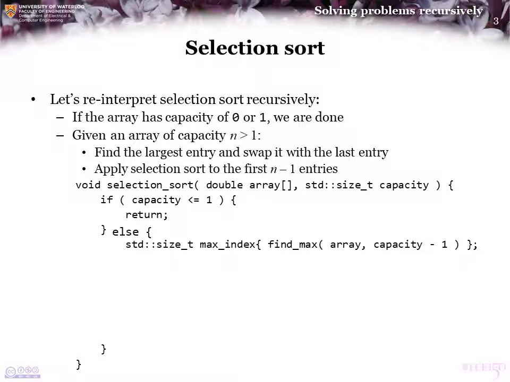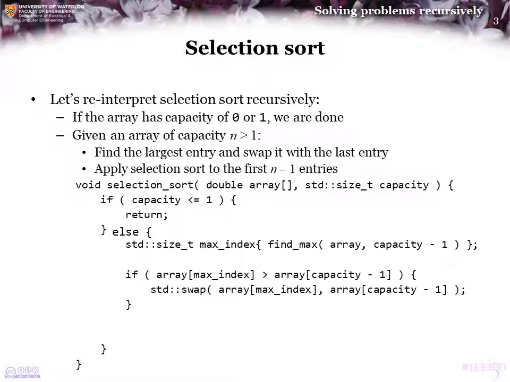Now, you will recall that if we called find max on an array with capacity n, then that returned the index, a value between 0 and n-1, of the largest entry. In this case, we're going to find the maximum entry in the first n-1 entries, and that value is assigned to max index.